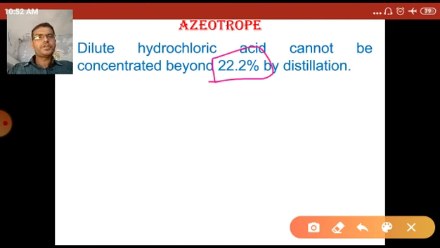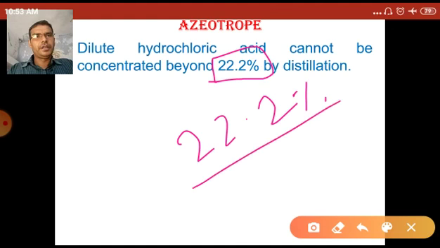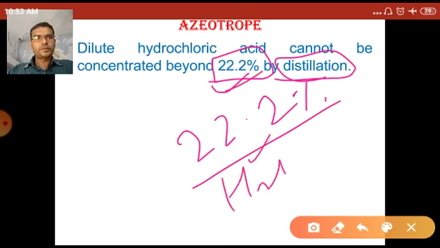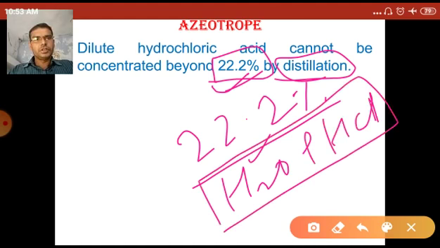So hydrochloric acid cannot be concentrated beyond 22.2% by the distillation process, because at this percentage of hydrochloric acid, the water and HCl present in the solution boil at 110 degrees Celsius at a constant temperature.